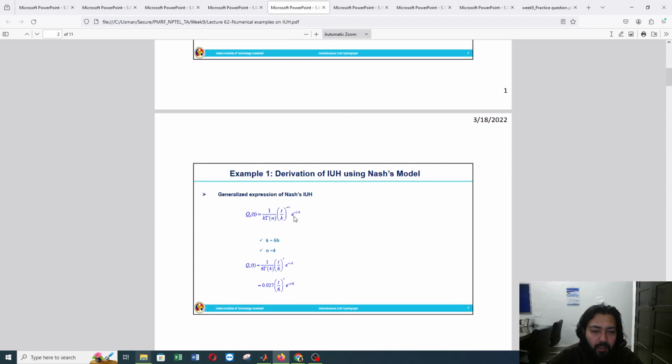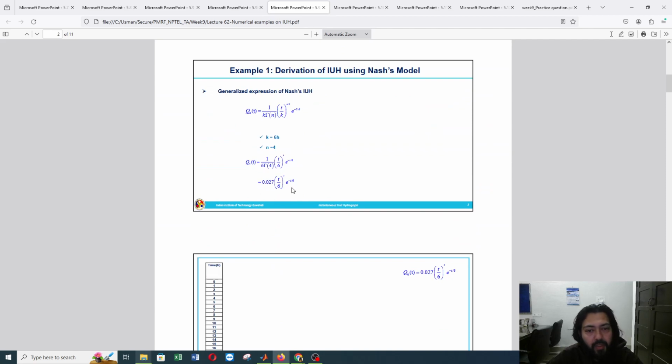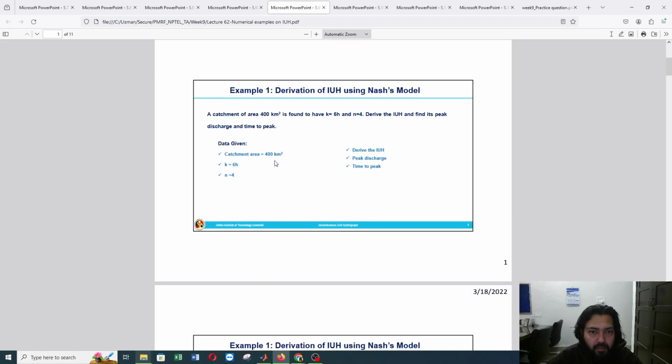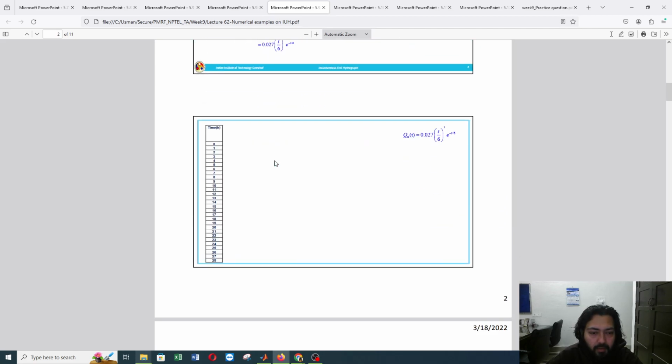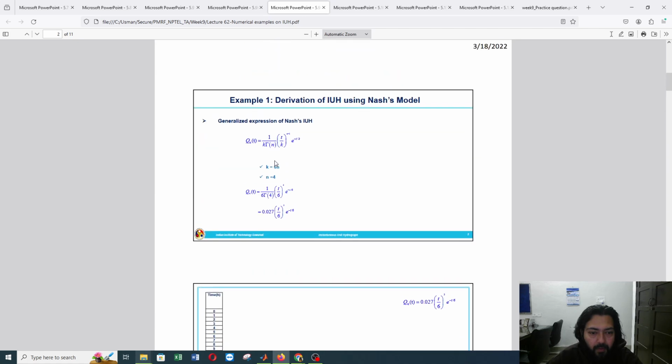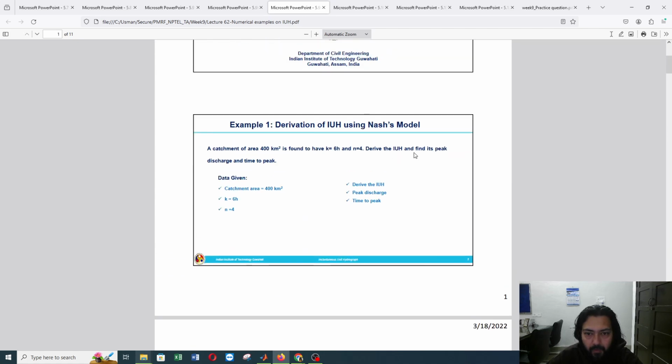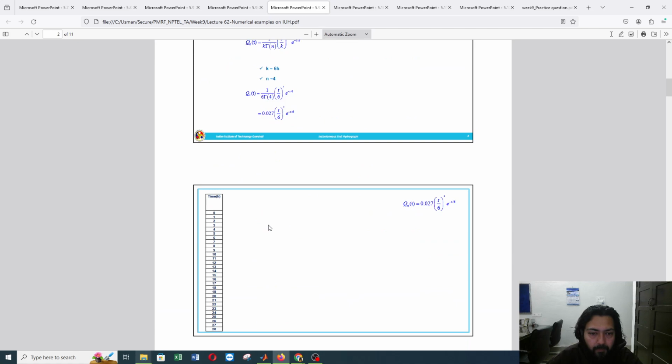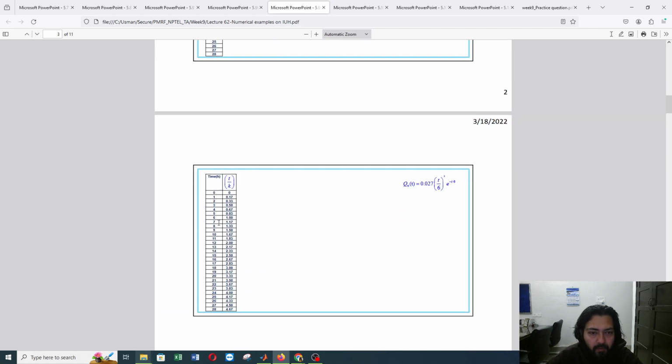So we can calculate peak discharge by this equation Q_P. This is the generalized equation where K is 6 hours, n is 4, right? Now how we can do that is, we have taken random times t, in hours, up to 28 hours.